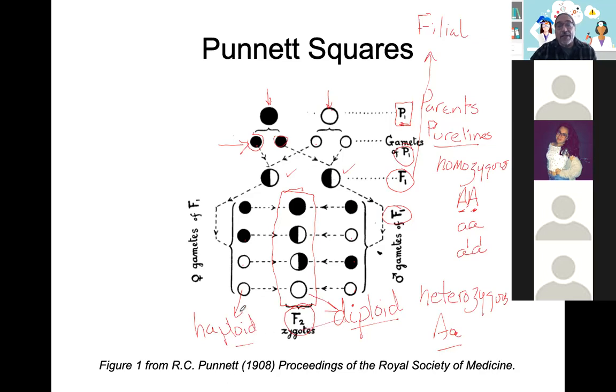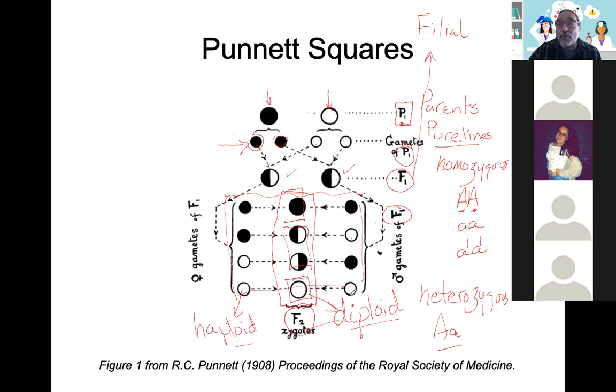Okay, so pretty easy. And of course, you could see here, we have the famous Mendelian ratios. We have 1 homozygous black, 2 heterozygous black and white, and 1 homozygous white. This, by the way, was the reason that it was called a Punnett square.